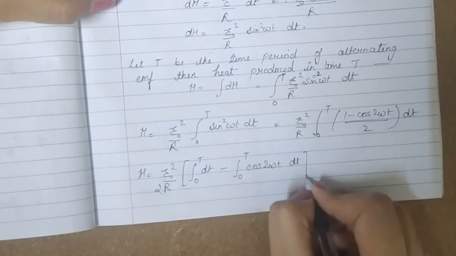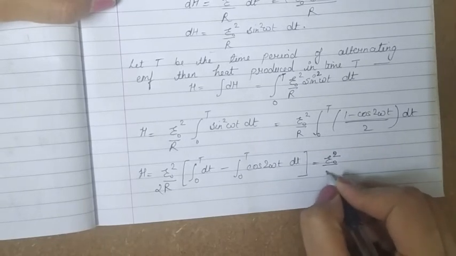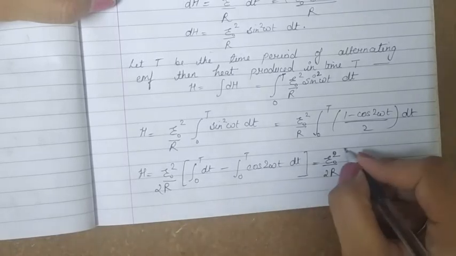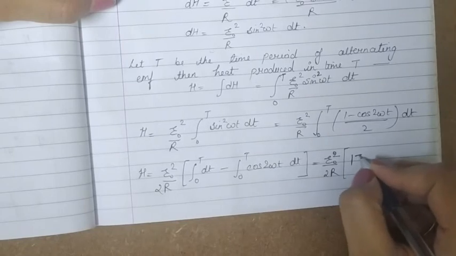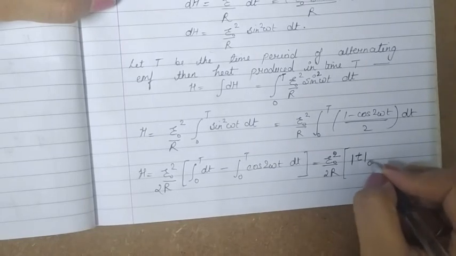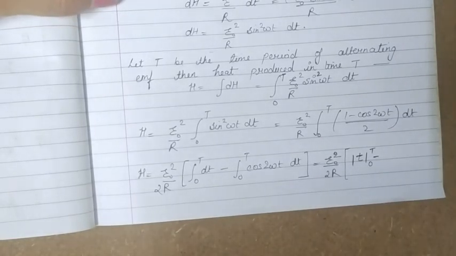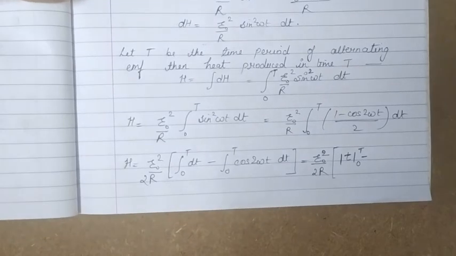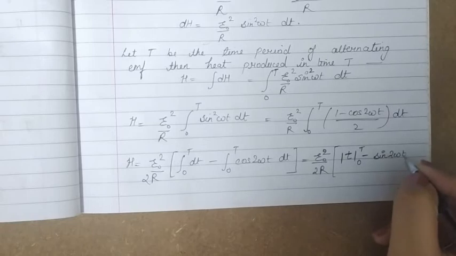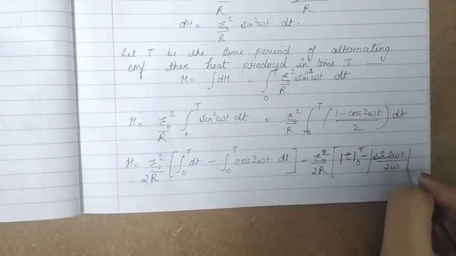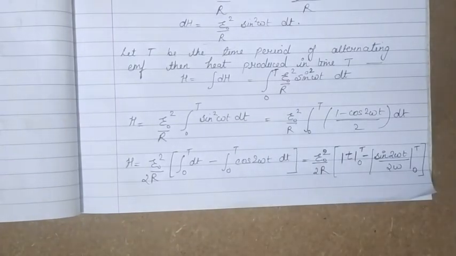This equals epsilon naught square upon 2R, and the values we get after integration are: the integral of dt will be t with limits 0 to capital T, and the integral of cos 2 omega t will be sine 2 omega t upon 2 omega, with limits 0 to capital T. Now our task is to substitute the limits, first upper limit then lower limit.